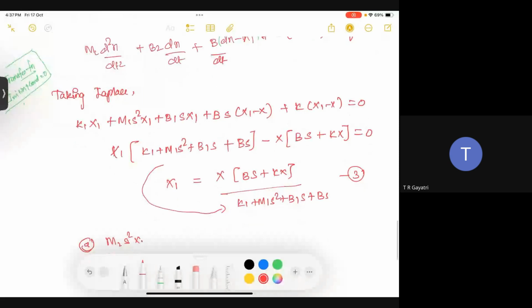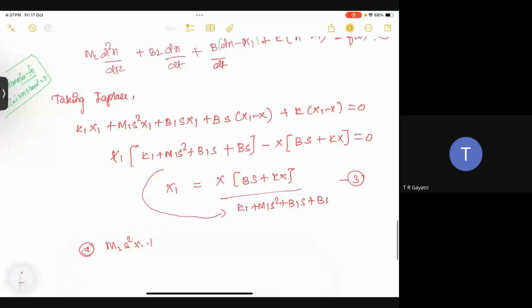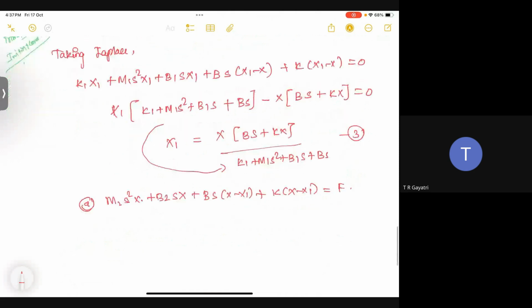Rewriting the second equation: (m2 s square plus b2 s) X plus b s (X minus X1) plus k (X minus X1) equal to capital F. Consider this as the Laplace of the force f of t.